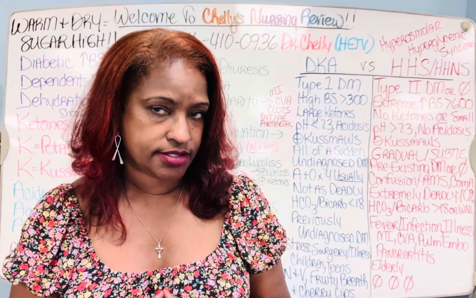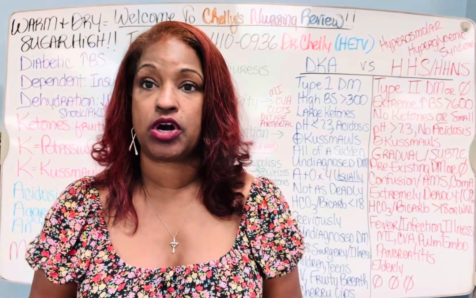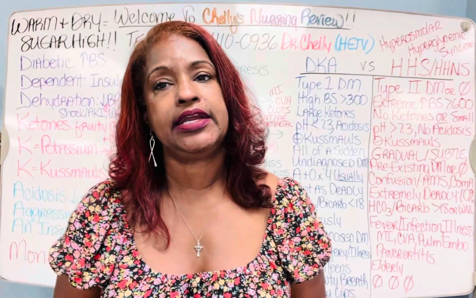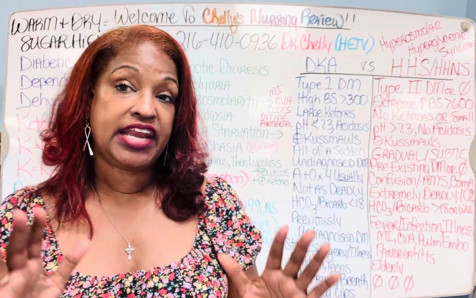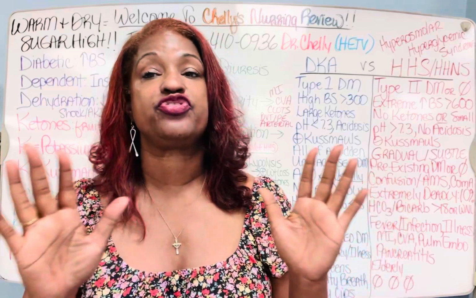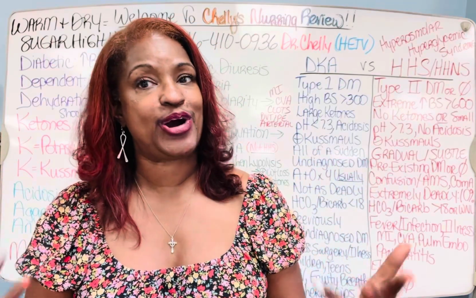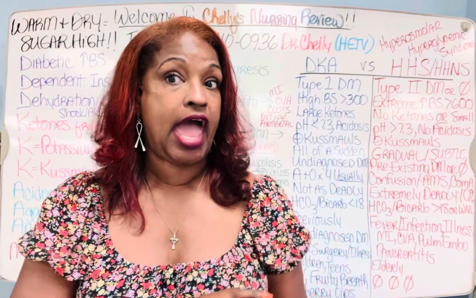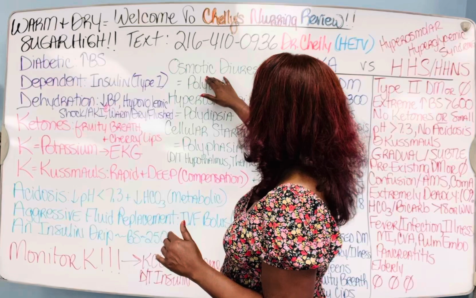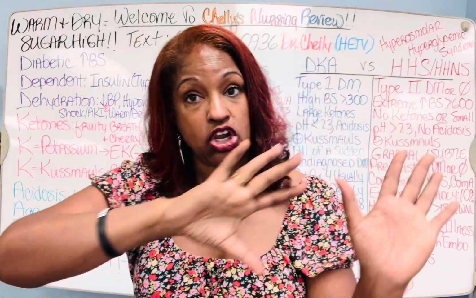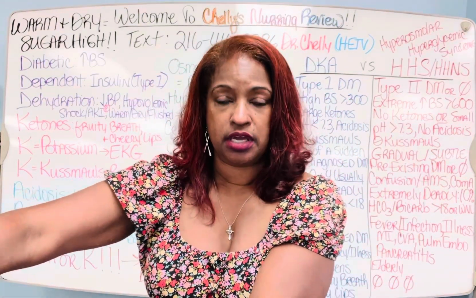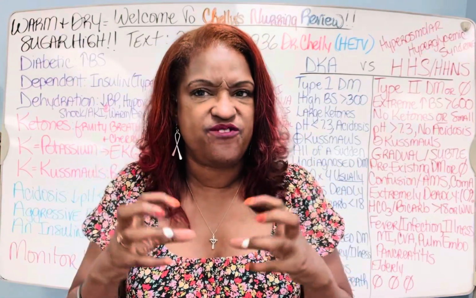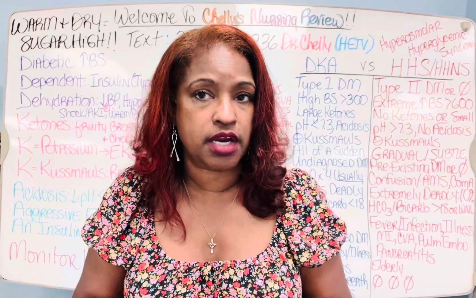HHS has that $4 word, hyperosmolar. I need you to know that blood osmolarity higher than 300 is hyperosmolar. The patient with HHS has way more osmotic diuresis, meaning loss of urine fluid, causing them to have much more thick, viscous, concentrated blood.